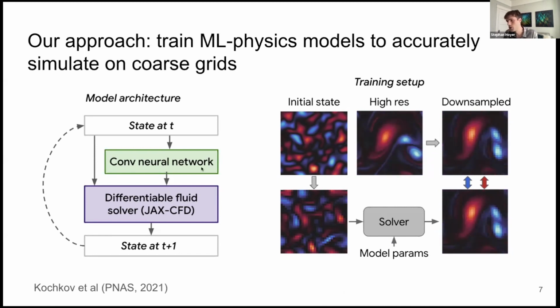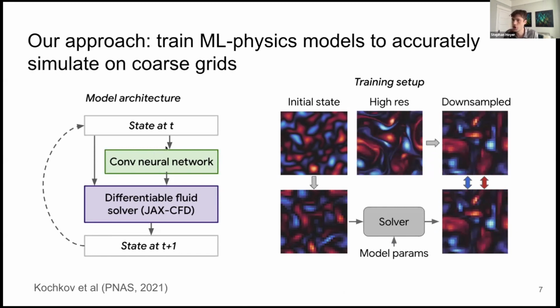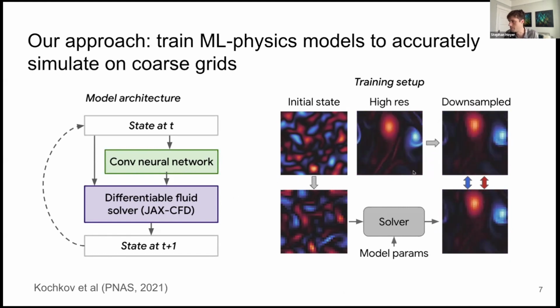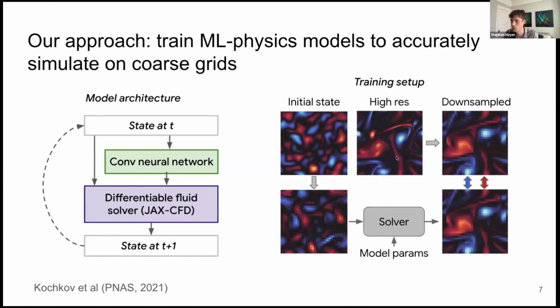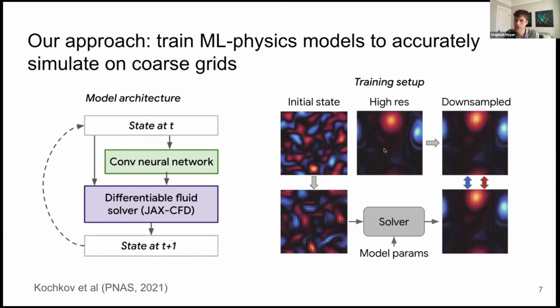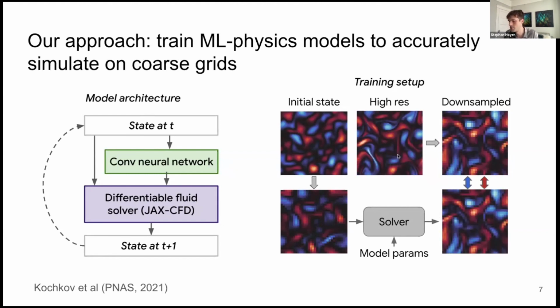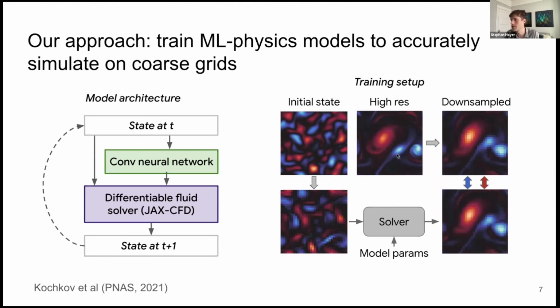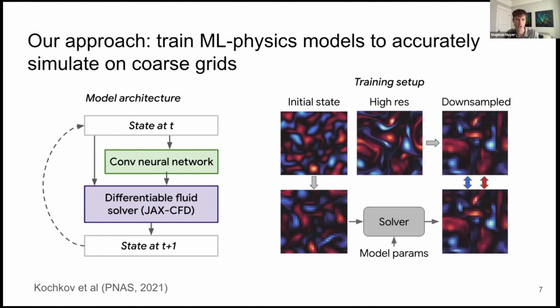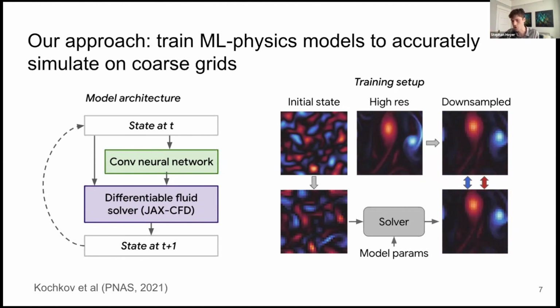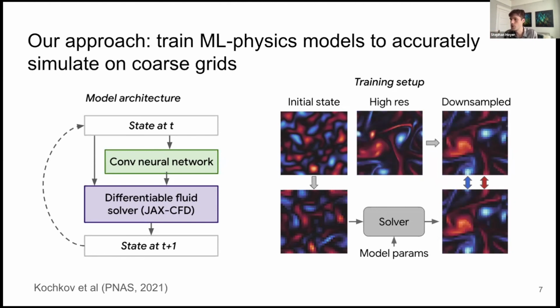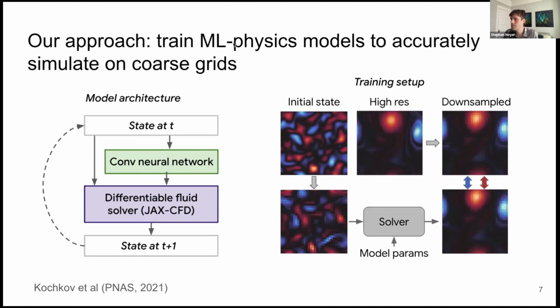We have a convolutional neural net, which, in this case, picks interpolation weights at each point. We've also had models that learn a closure term, a little correction to each state, but it's still running the fluid solver as well. It's just tweaking things a little bit in each step with machine learning.